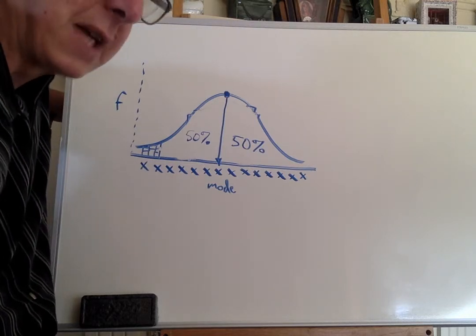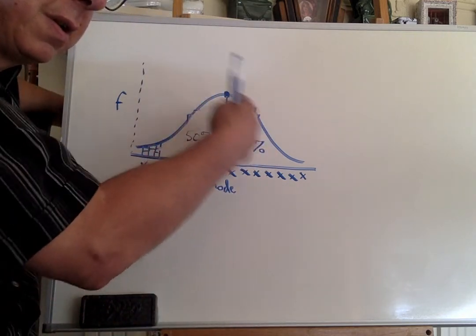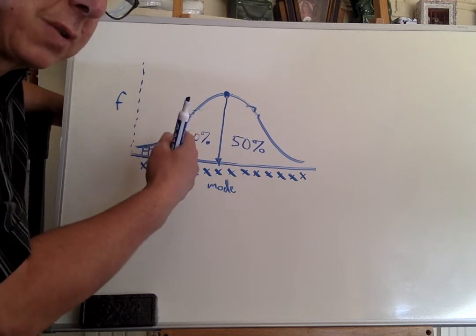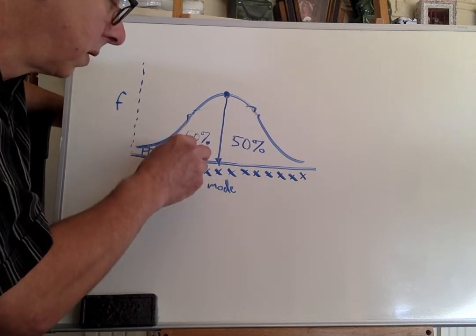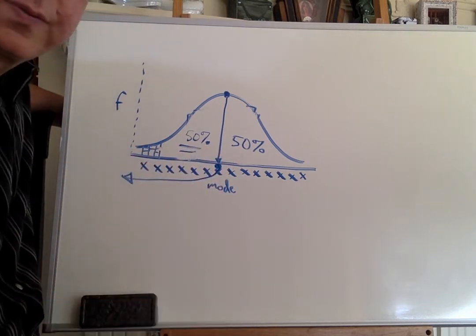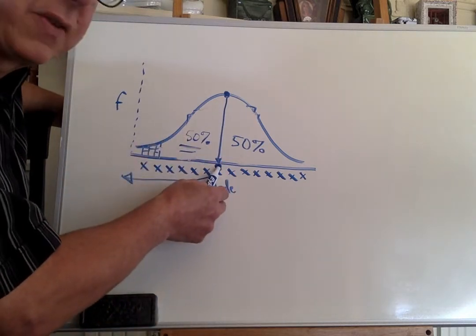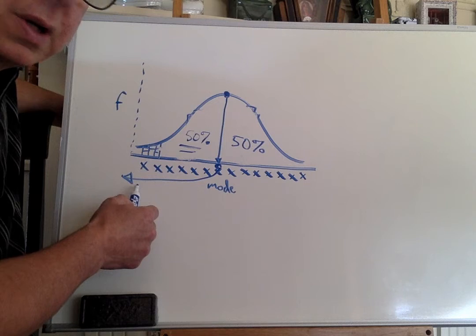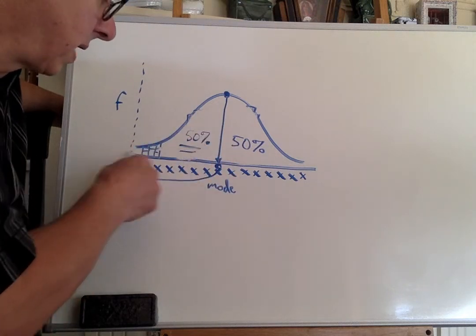The answer is yes, because the median is the place in the distribution where 50% of the scores fall at or below. And since we know this is symmetrical, 50% of the blocks are here.